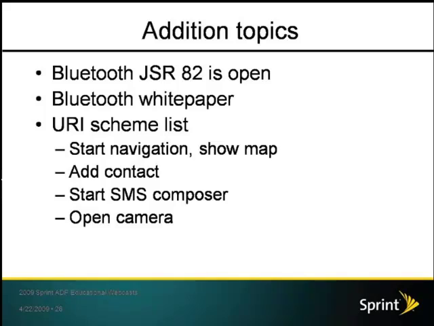Also, you can start the native SMS composer. You can pass it the actual recipients you're sending to, and then let your user actually compose an SMS using the native composer versus you building your own full SMS composer. And one of the last ones is that it'll actually let you open the native camera application.